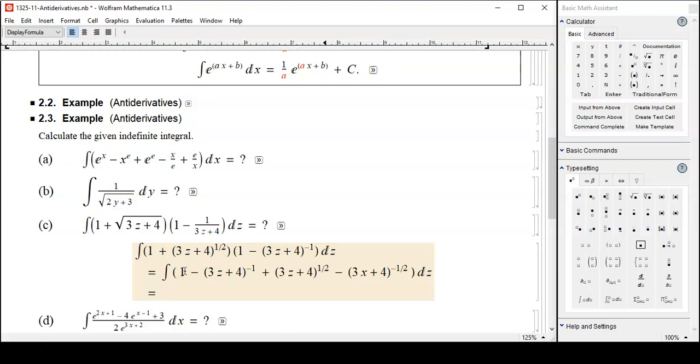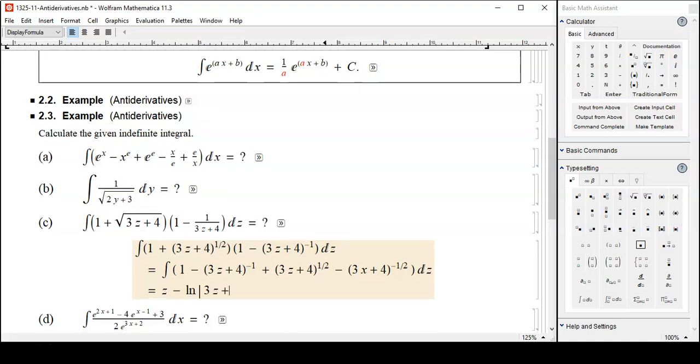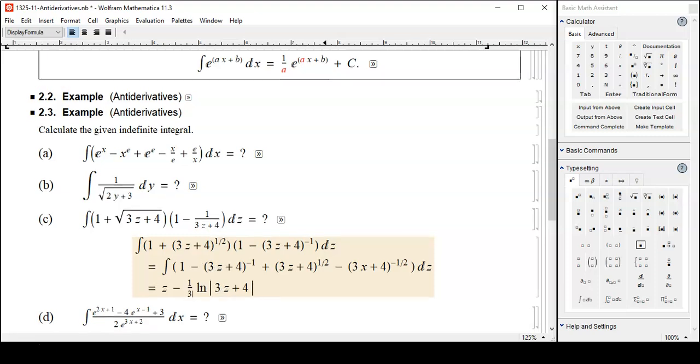Antiderivative. Antiderivative of 1 is z. Antiderivative of this negative first power is log 3z plus 4, and then we need 1/3. Remember?